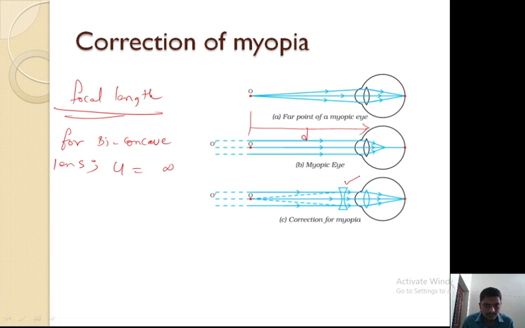This is the lens and the object is at infinity, so u is equal to minus infinity. Why? Because light rays are moving towards the right and we are measuring distance from the pole, so the object distance is negative. And what about the image distance? This biconcave lens forms a virtual image, not a real image, on the same side. So at what distance?